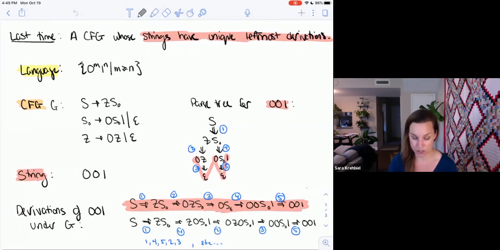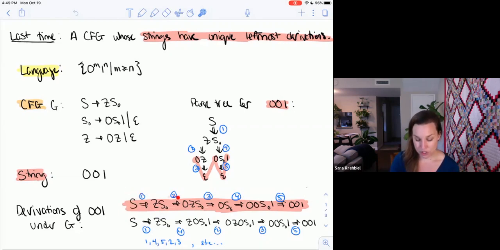One reason that I like parse trees like this is because it helps us unravel it as a derivation in a linear fashion, because we recall the definition of derivation is that you start with some variable. In this case, if we're deriving things in the language, we start with the start variable.